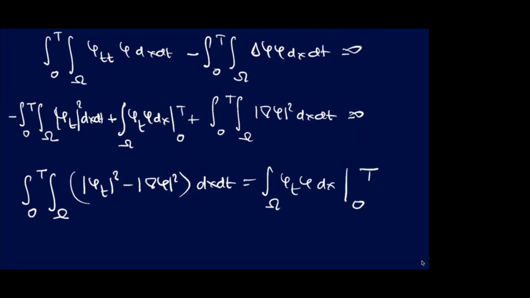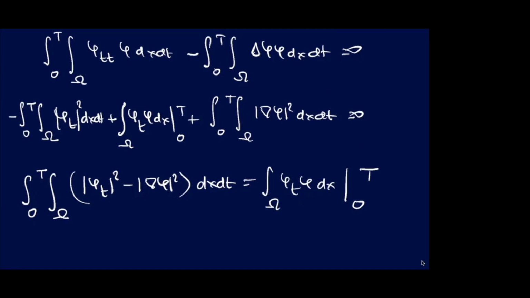What I'm saying here is that the difference between the kinetic energy accumulated everywhere in the domain omega during the time interval 0 to capital T and the energy accumulated in the potential component during the whole time interval is equal to some term, which is the crossing of phi t and phi.